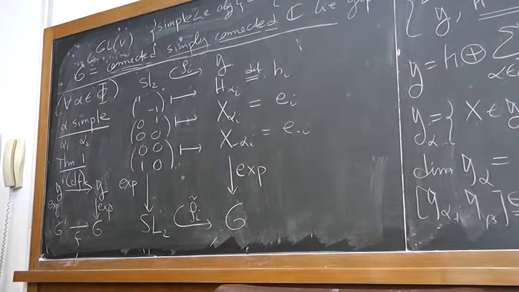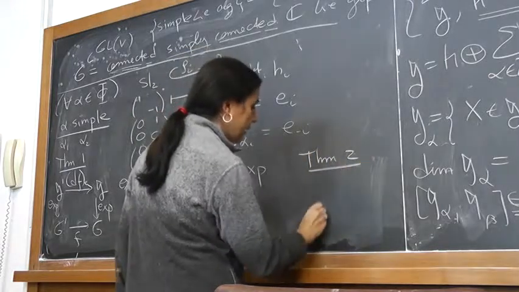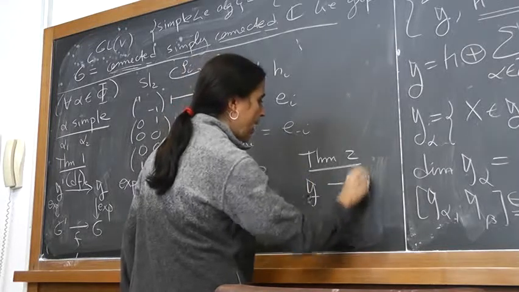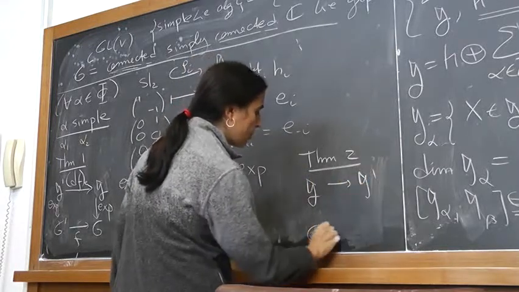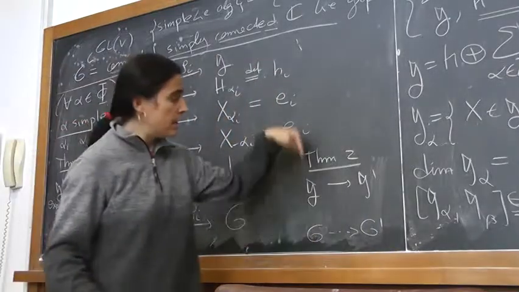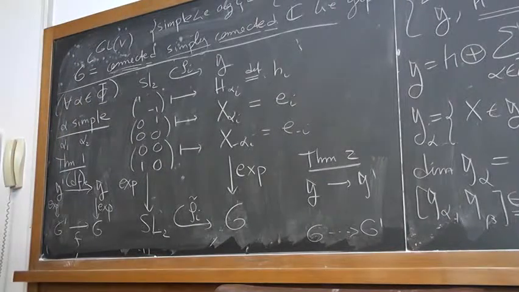Now there is theorem 2. When can you integrate? When you have G prime, when can you do this map? Once you have this, the exponential will commute. But it's not that you can always integrate.